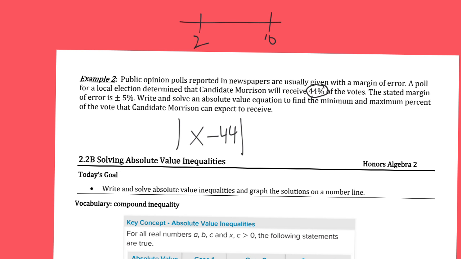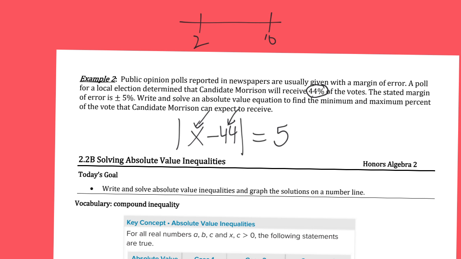Whatever you end up getting, the distance from 44, whether it's above or below, could be up to plus or minus 5. So this is what they expect, and this is what you would actually get. And if you subtract the two values, you will see that the distance is equal to 5. You could solve it algebraically, or set it equal to 5 and set it equal to -5 and solve.